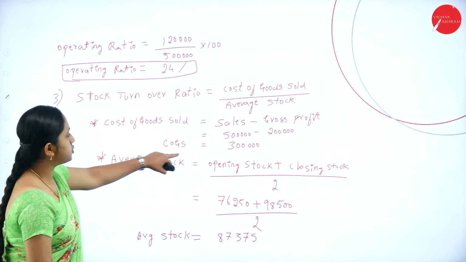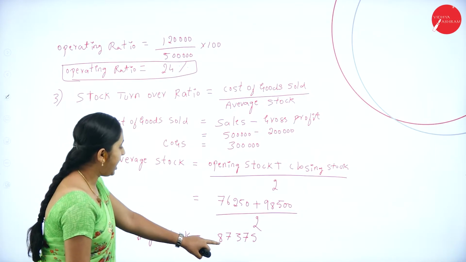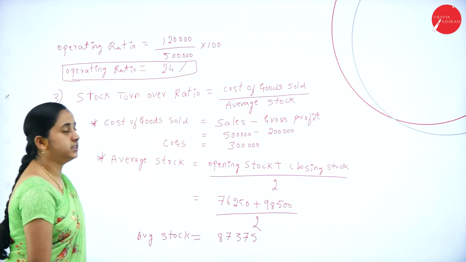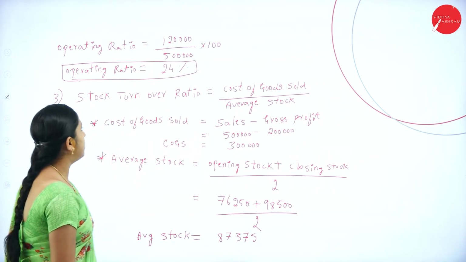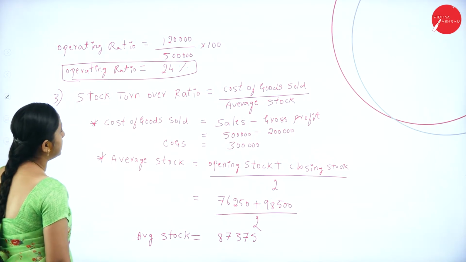Now we have cost of goods sold 3 lakh and average stock 87,375. Just find out the stock turnover ratio.